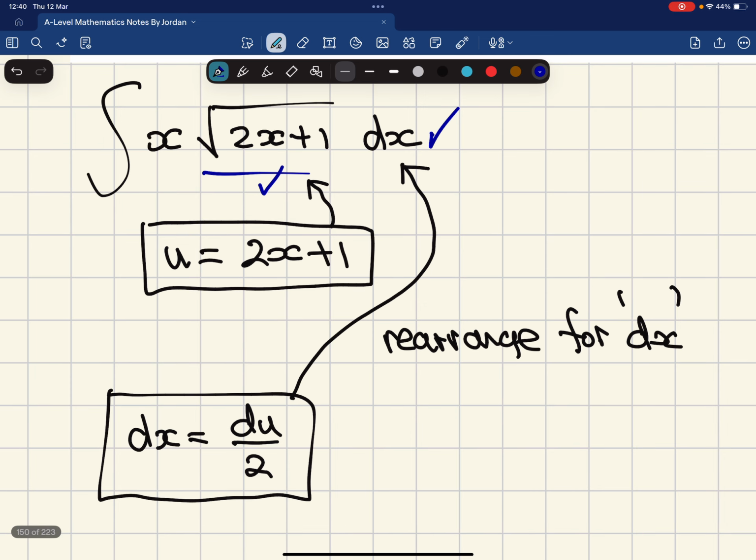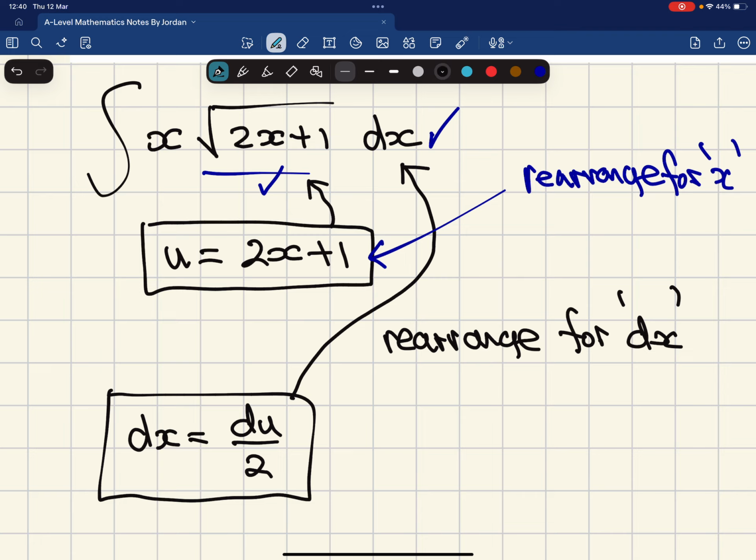So in that particular case, what we then need to do is we need to use the expression for u again in order to find a rearrangement for x. So that needs to be rearranged for x.